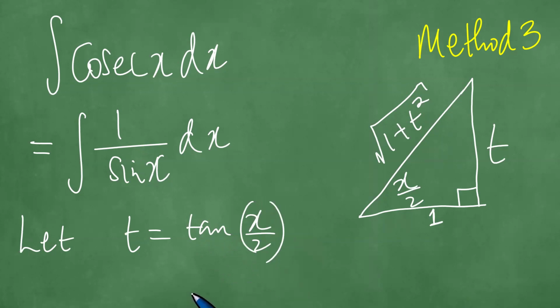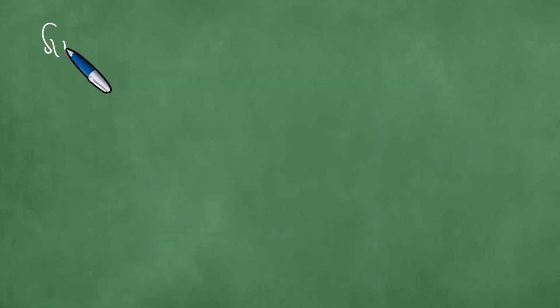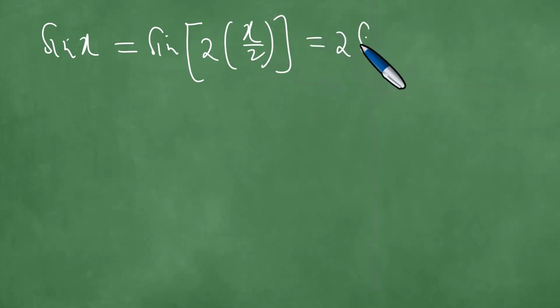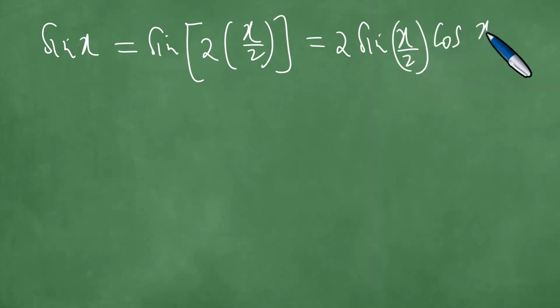If this is the case, we proceed to express the sine of x in terms of t. So sine x can be written as the sine of double x over 2, and this is 2 times the sine of x over 2 times the cosine of x over 2.